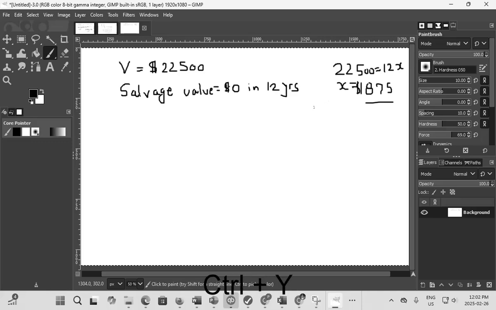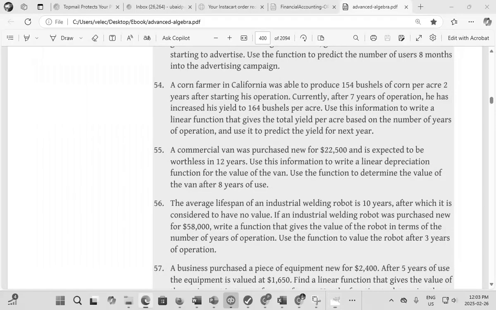Okay. Now we know what the depreciation per year is, so we need to figure out what the depreciation will be, or the value of the van, in 8 years.